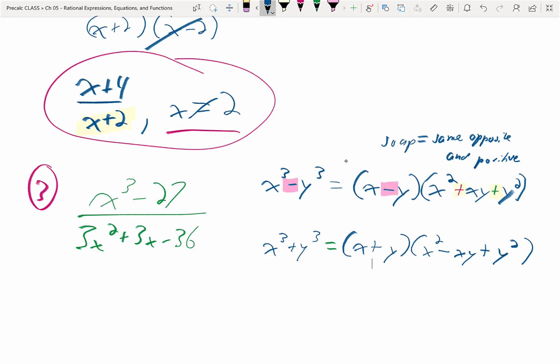I want to show you one way to write this that actually combines these two into one statement. Whenever you have x cubed plus or minus y cubed, whichever one you have, the factoring pattern is this. You have x plus or minus y, which means that if the plus is there, then the other one's a plus.